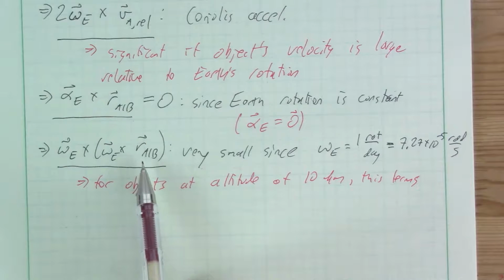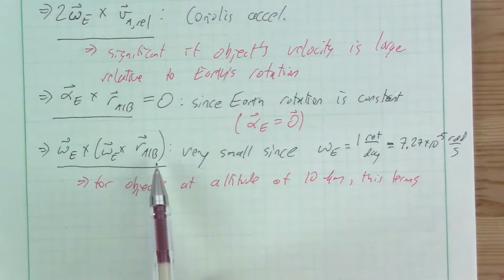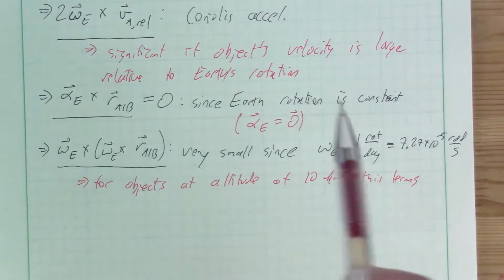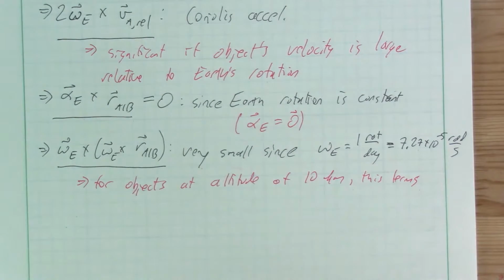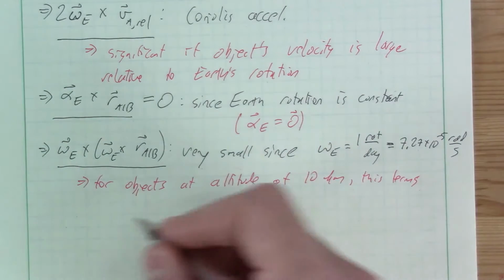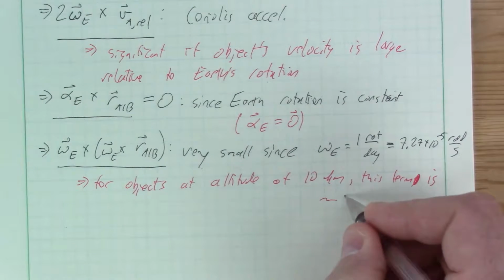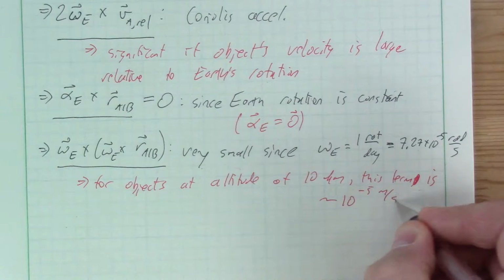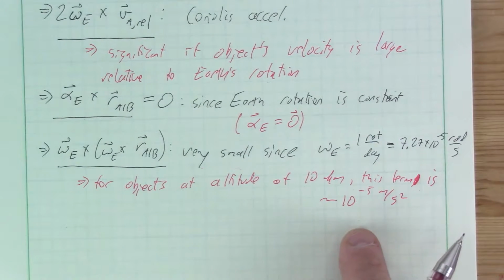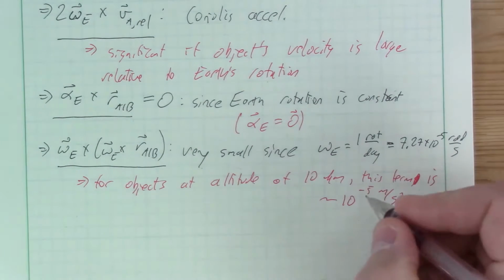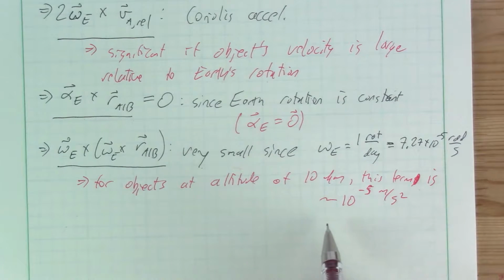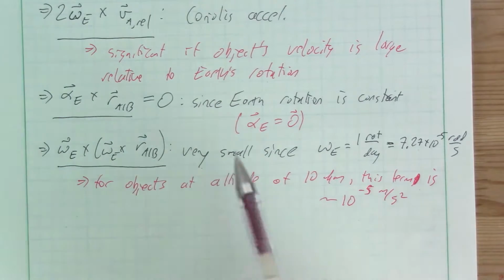Often we use the surface of the Earth as the B reference frame, Earth fixed, and then we go up, even up to 10 kilometers, which is really high, well into the atmosphere. This term is about 10 to the minus 5 meter per second squared. So if our motions have a much higher acceleration due to the forces involved, then this term we just neglect.